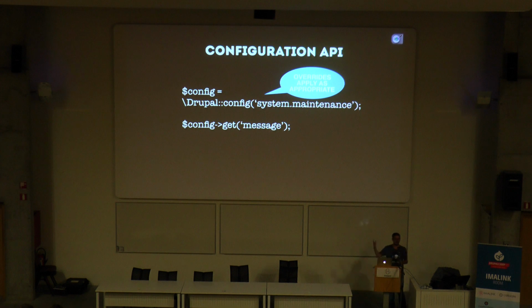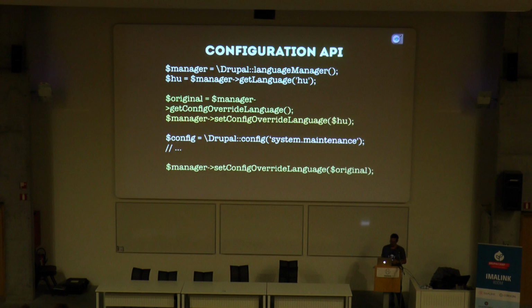And there you can call methods for getting the data from the config, like get message in the case of the maintenance text. But you can also do other stuff.